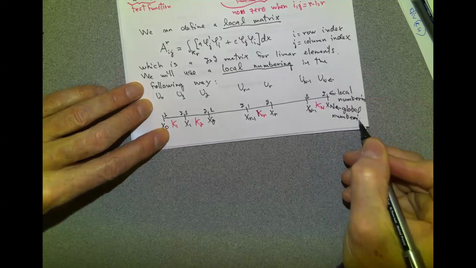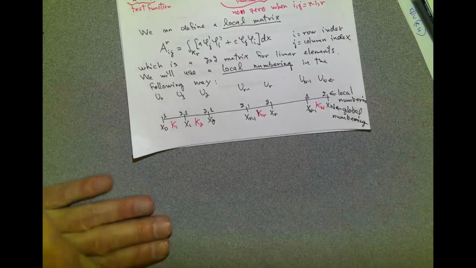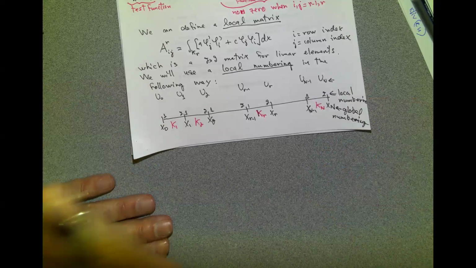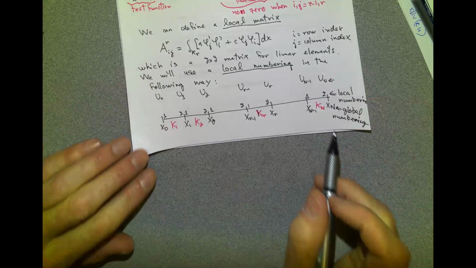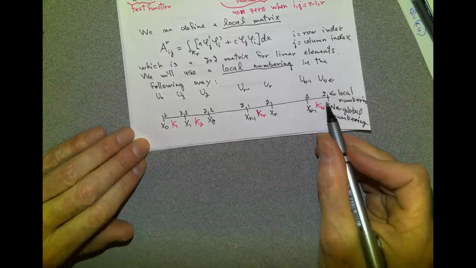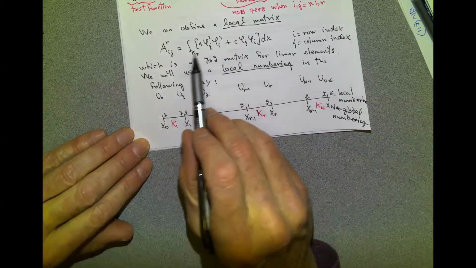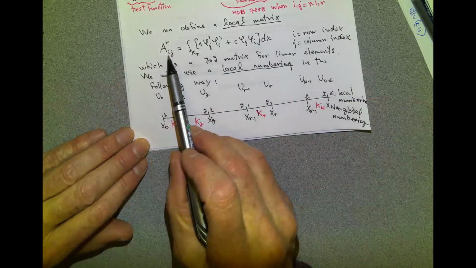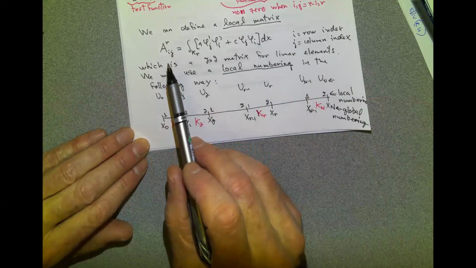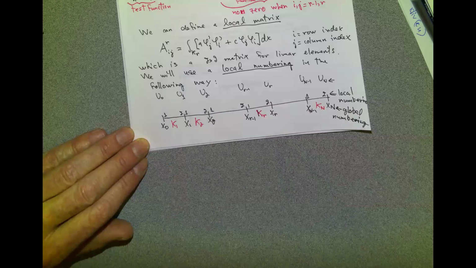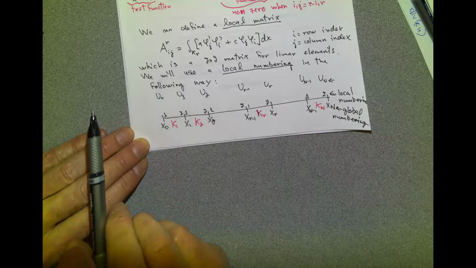I remember I used this denomination when I was doing finite difference. I had the global matrix, and local matrix I did not mention, but we're going to have it now, and we're going to use the local numbering. So it's going to be with local numbering, since my matrix is 2 by 2, ij are going to be equal to 1, 2. But when I have to transfer in the global system, I'm going to need to know where I need to put this.